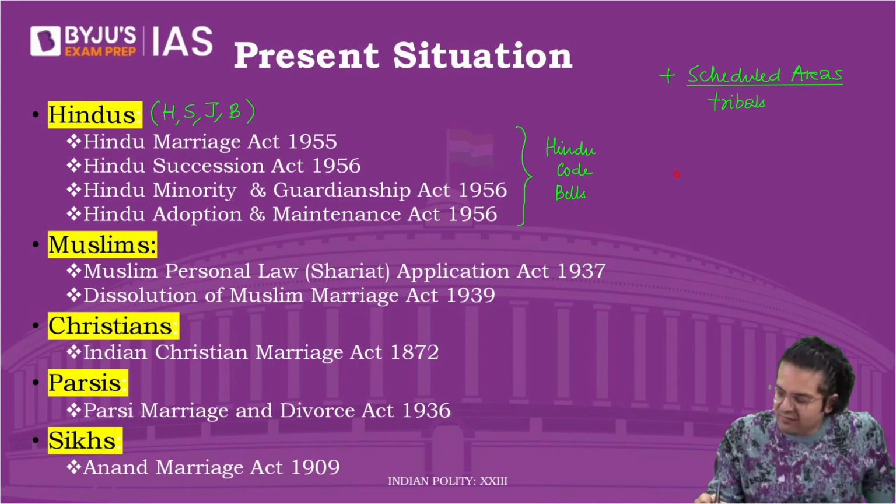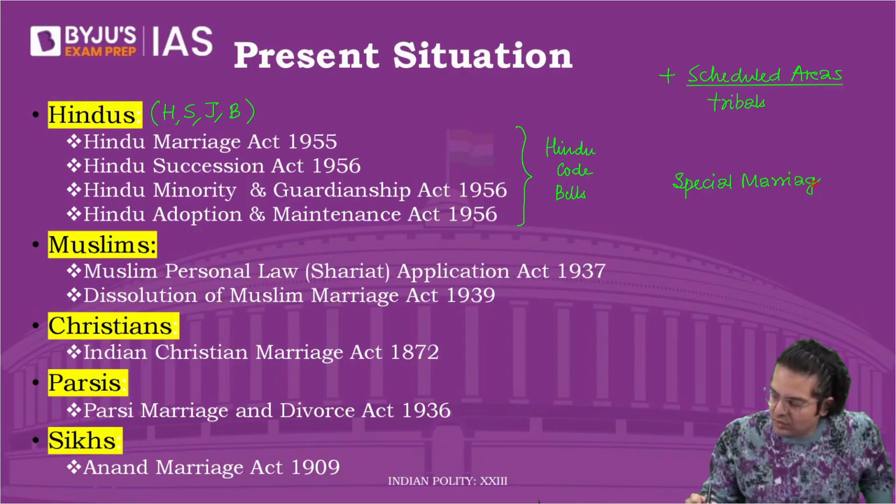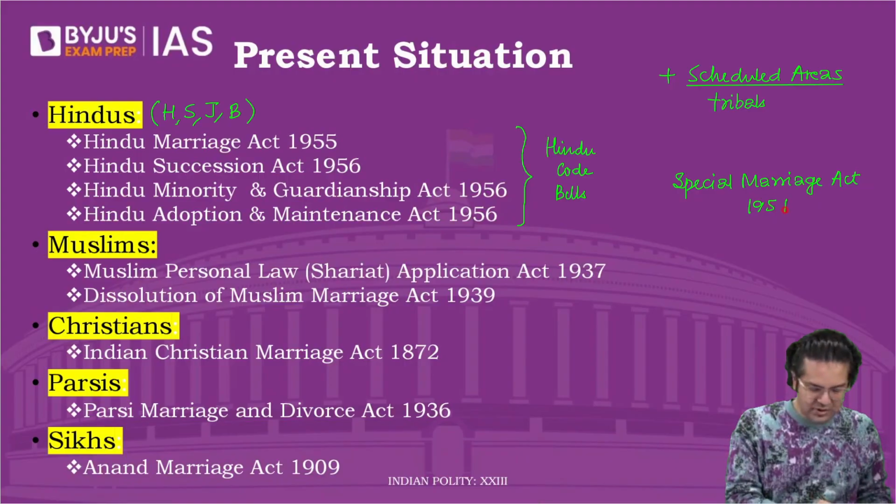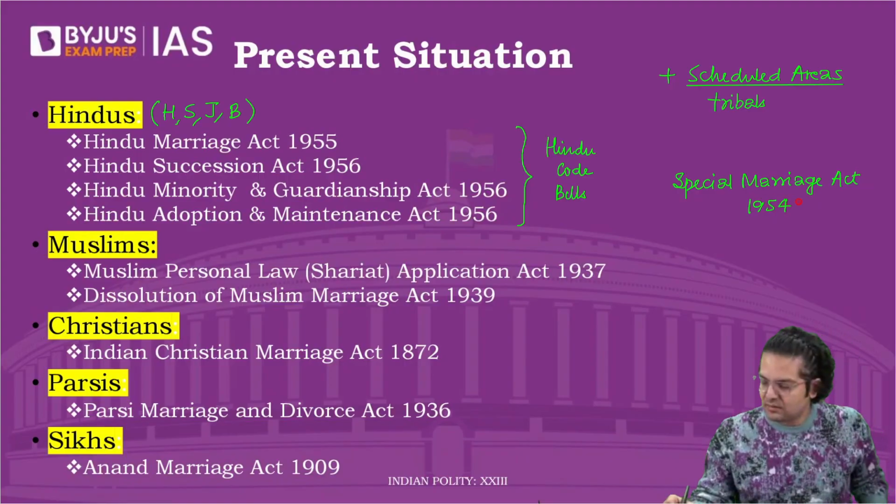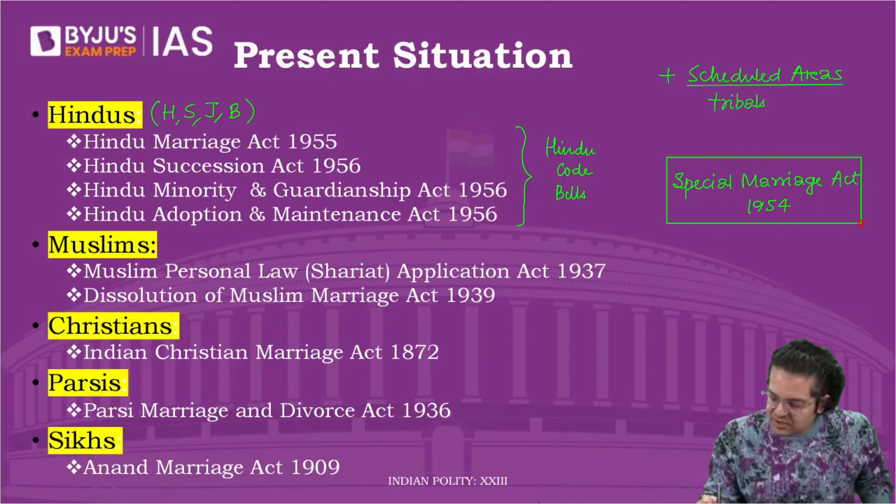So, we do have an option called Special Marriage Act. This law is of 1954, and the Special Marriage Act is a religion neutral law.